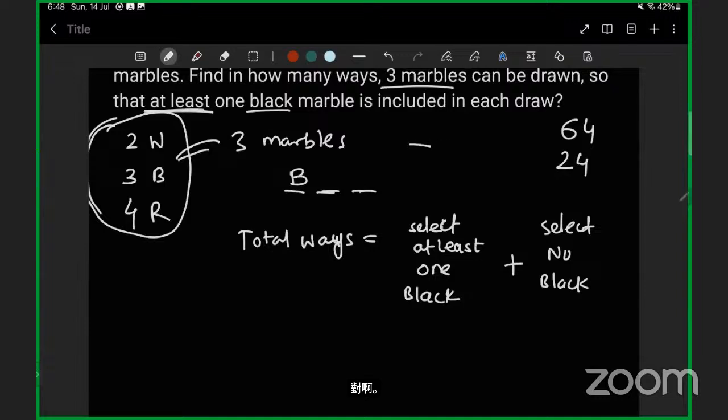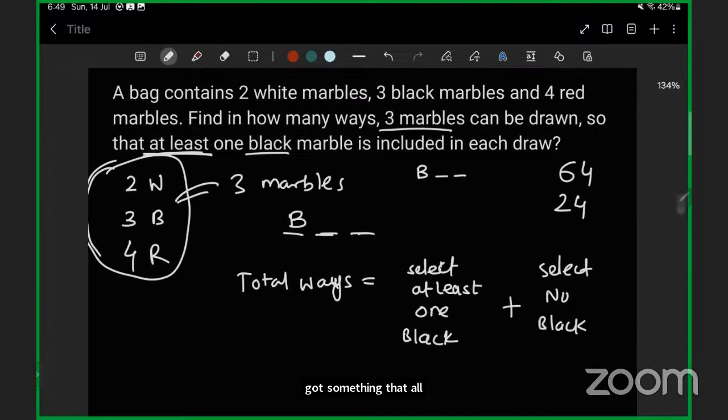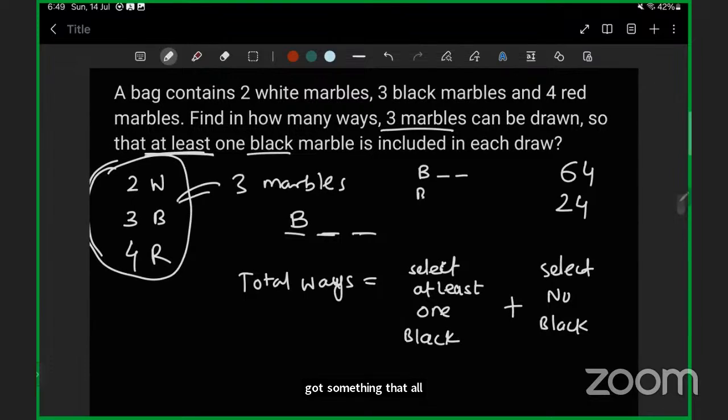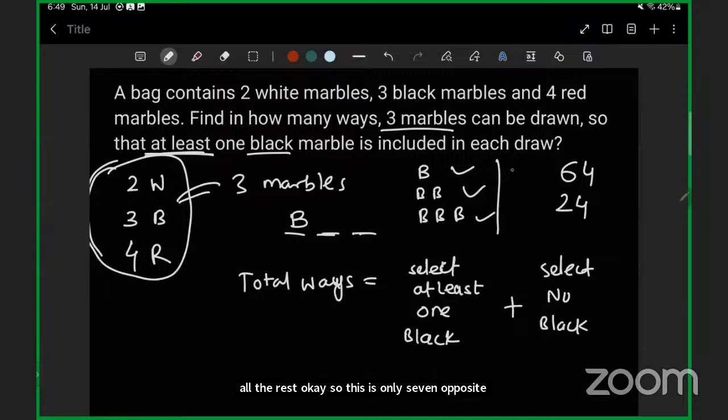Let's say three cases are there. One black got selected out of three, or two blacks were selected, or three blacks were selected. So these are all three cases. The opposite of that is no blacks got selected, so nothing. That is the opposite of it.